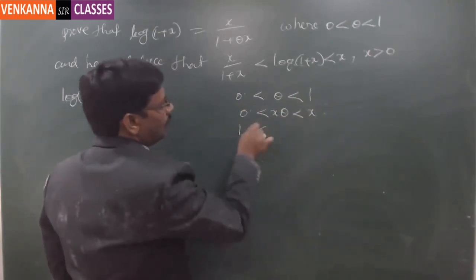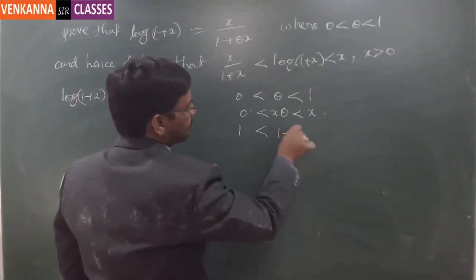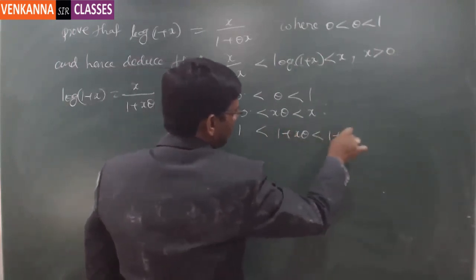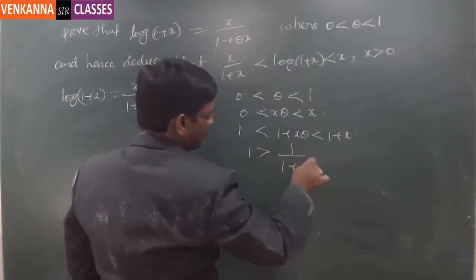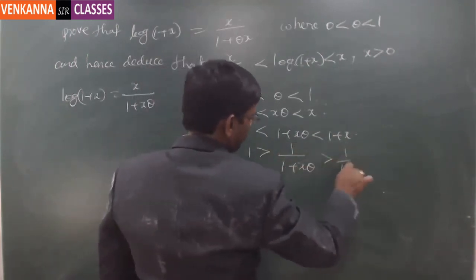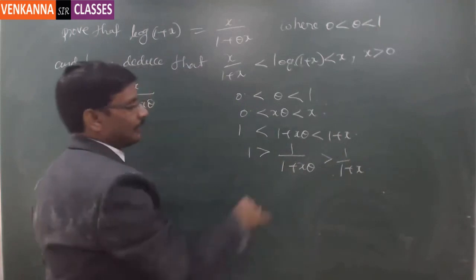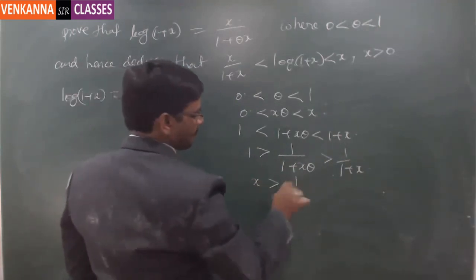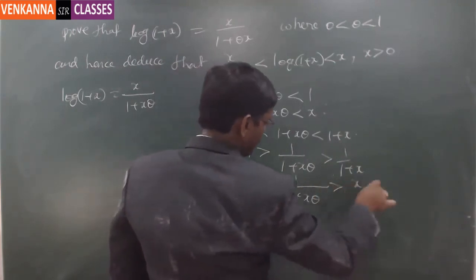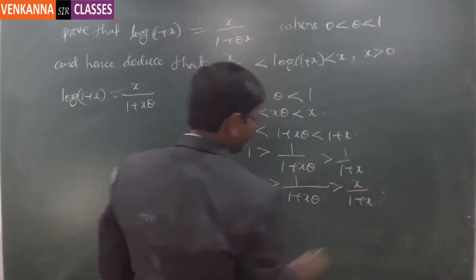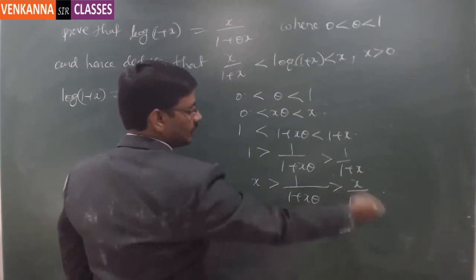Then I will add 1. Then I will take inverse. Then I will multiply x. Then I will write this here and this one the other side.